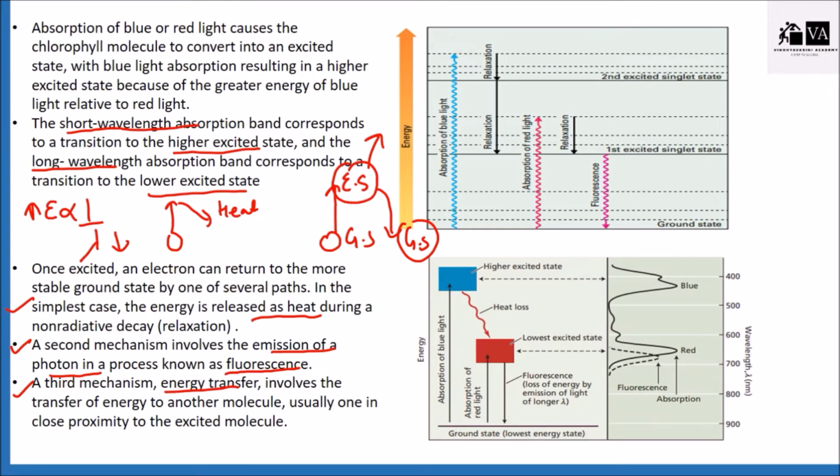The molecule will transfer energy to another molecule which is present in its close proximity. So how will it do that?